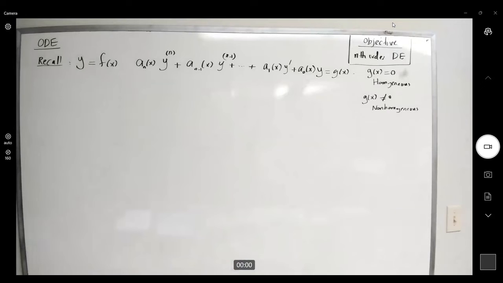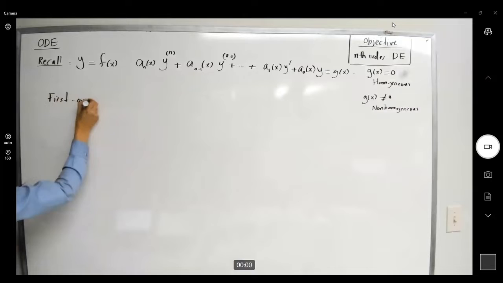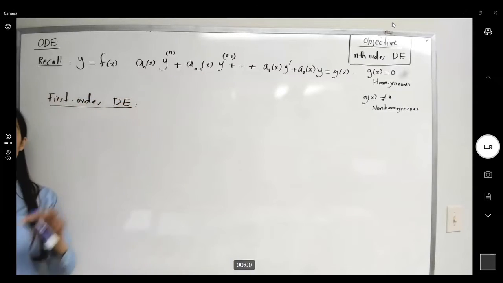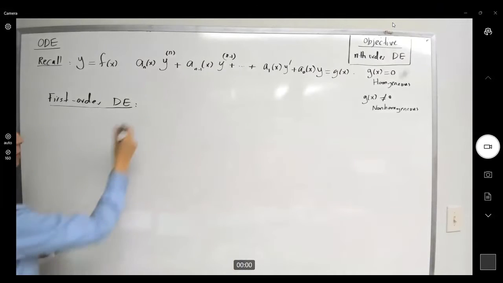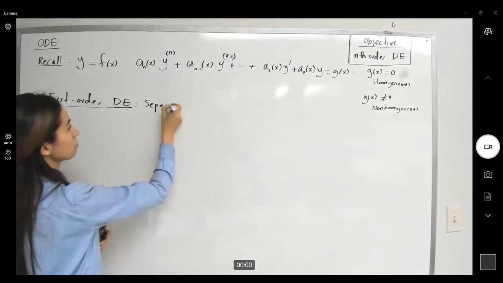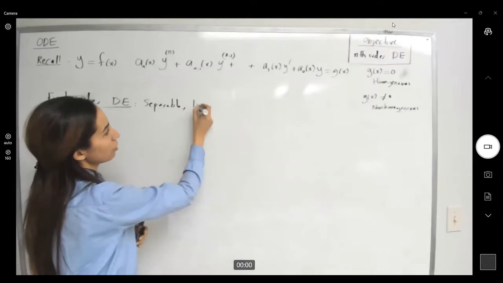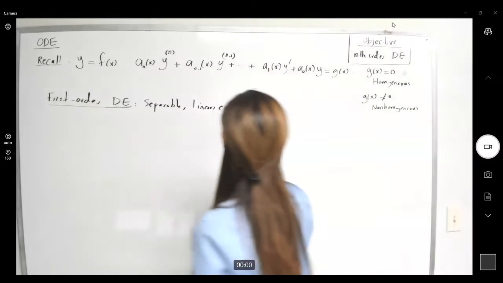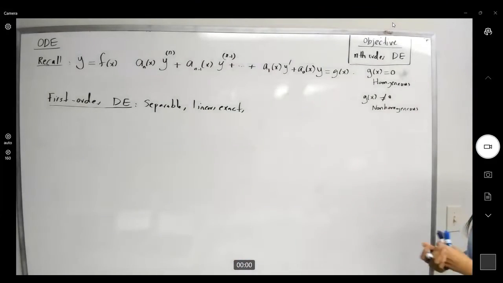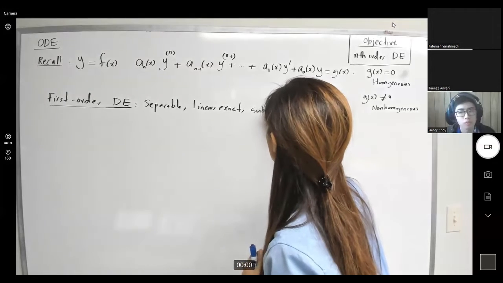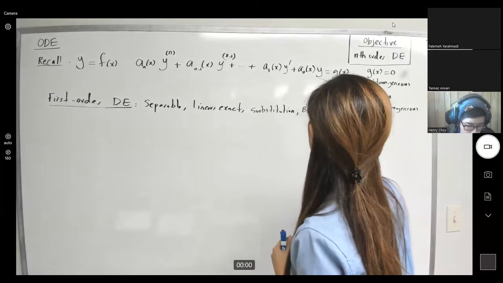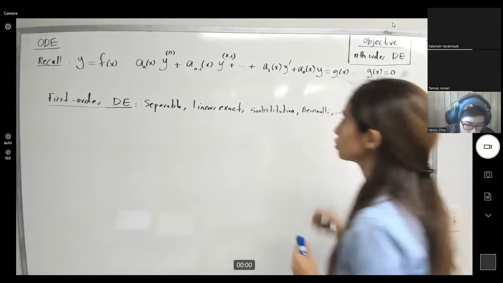In previous chapters, we said that for a first order differential equation, we check to see if the differential equation is separable. Is it, for example, linear? Is it exact? Then some forms of substitution, Bernoulli, and so on.